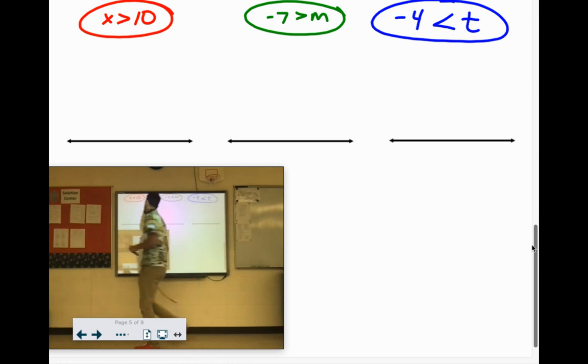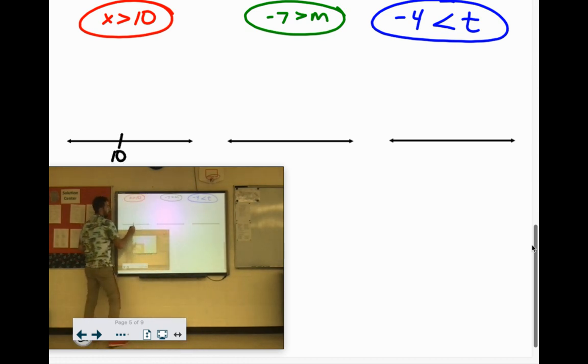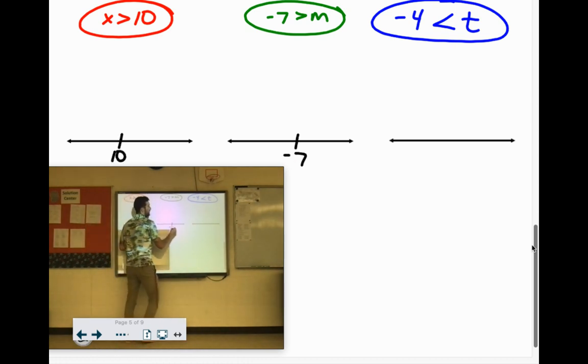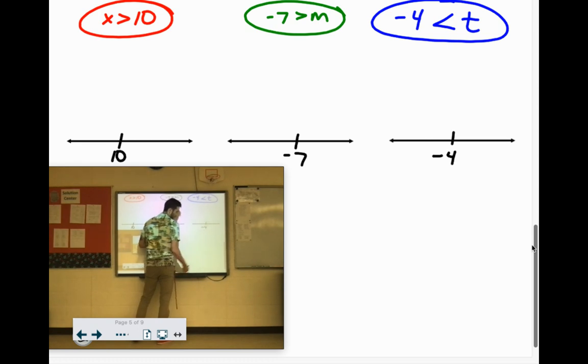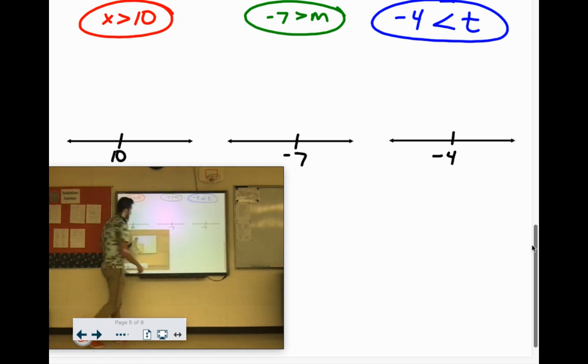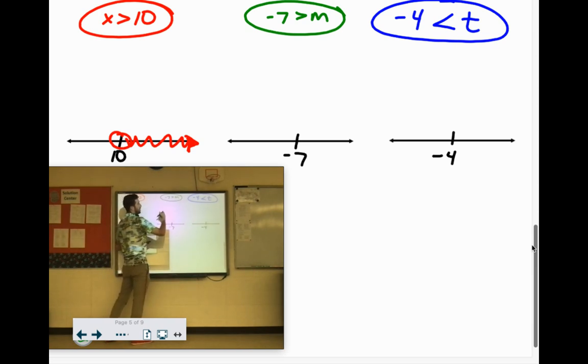x is greater than 10. Let's see, negative 7, negative 4. Greater than 10 is an open dot at 10. Shade to the right. This one, negative 7 is greater than m, would be an open dot.